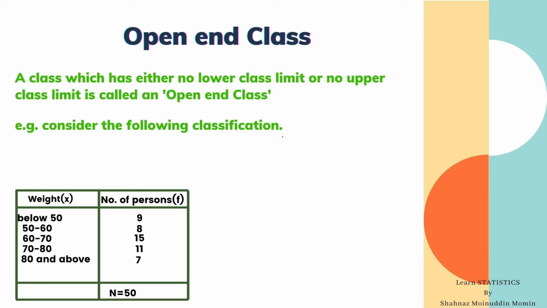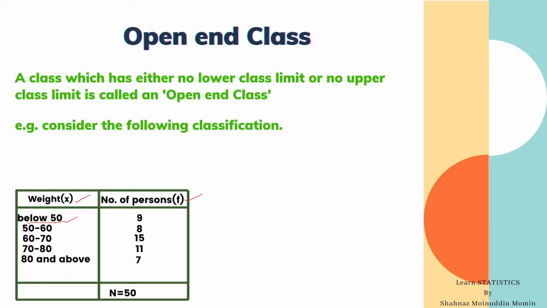To understand, let us see the classification of weights and the number of persons. Here, look at the table. The first class is below 50. Means in the first class below 50, lower limit is not mentioned.